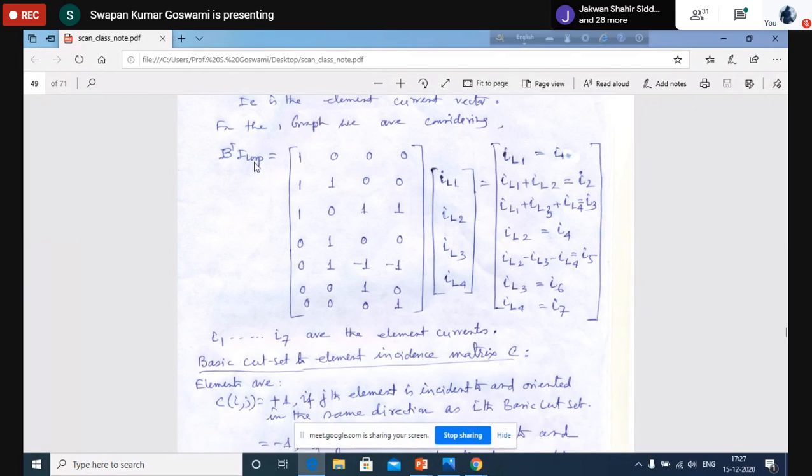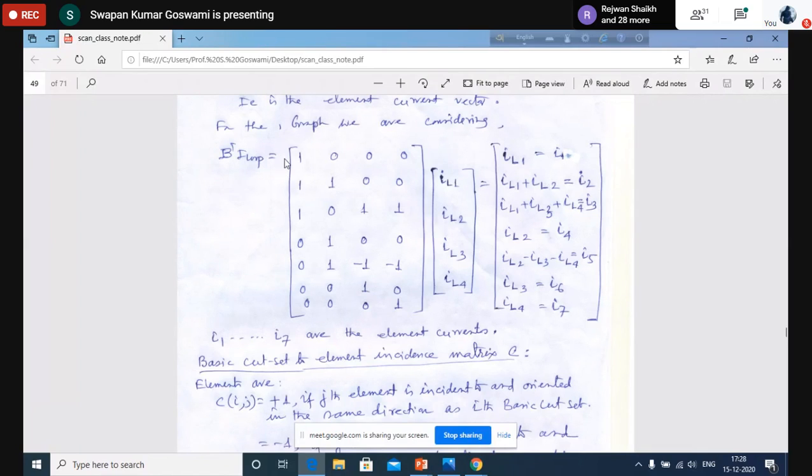You multiply this by I loop. Now this is the transpose of matrix B, so we have the elements here and the loops here. There are 7 elements, so there will be 7 rows, and 4 loops, so 4 columns. In the result there will be 7 rows corresponding to the 7 elements of the graph.